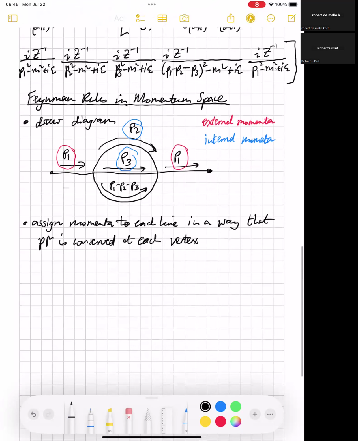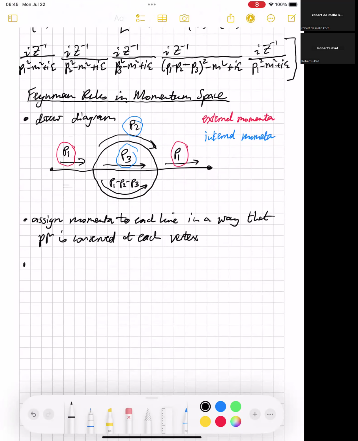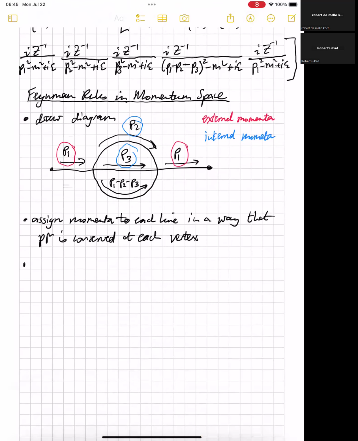Then, for each line of momentum p^ν, you get i Z inverse over p squared minus m squared plus iε.